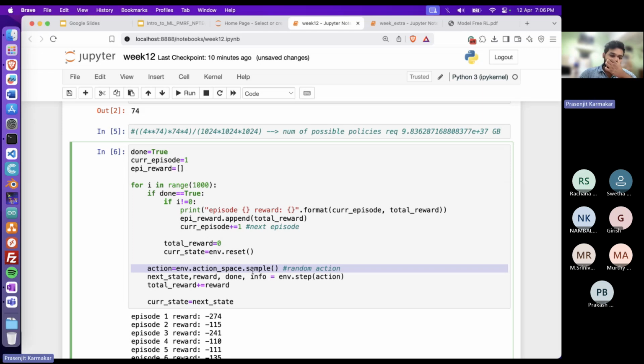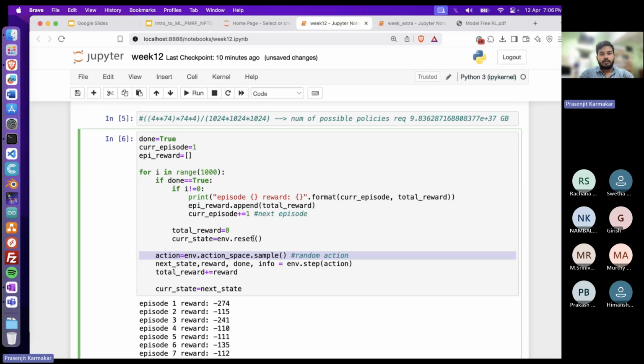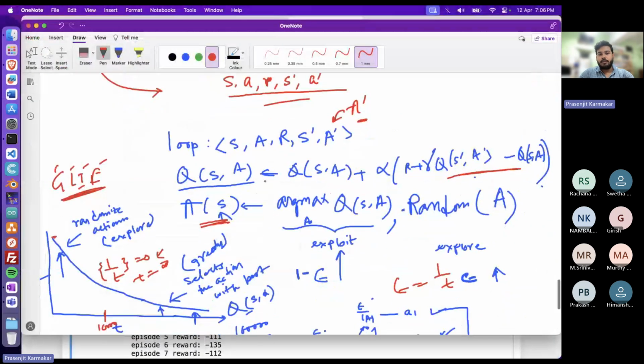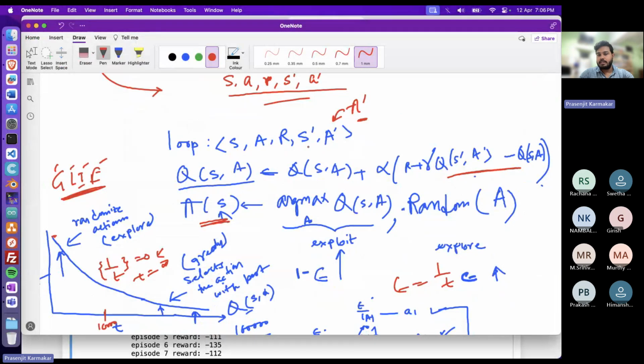It is fine because I am taking action based on a random policy. This is my random action policy, right? Here we have to use our algorithm to strategically compute what will be the next good action. Now what I have to do is, see this algorithm, I have to loop through S, A, R, S prime, A prime. This S prime I know, A prime I don't know. I have to take it from the policy.